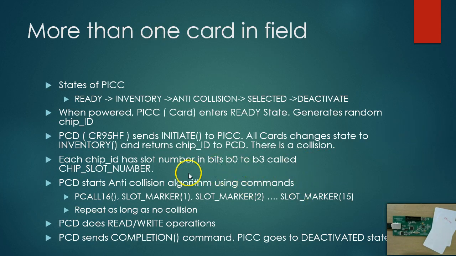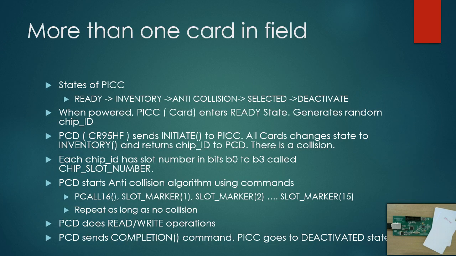So whenever there is anti-collision, the PCD will start looking at any, basically, what the time slot means is every PICC is given a chance to respond. So from now on, every PICC will get only one chance to respond. However, you have to be careful.